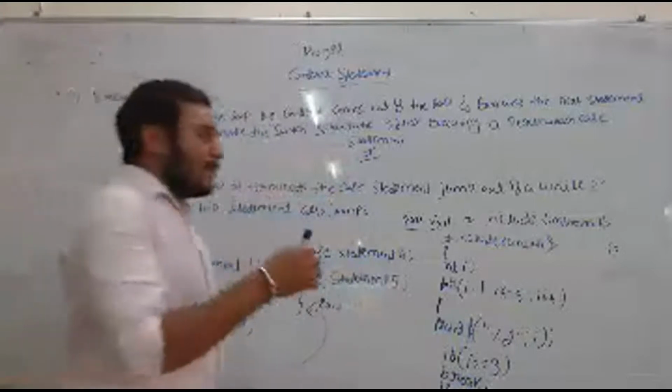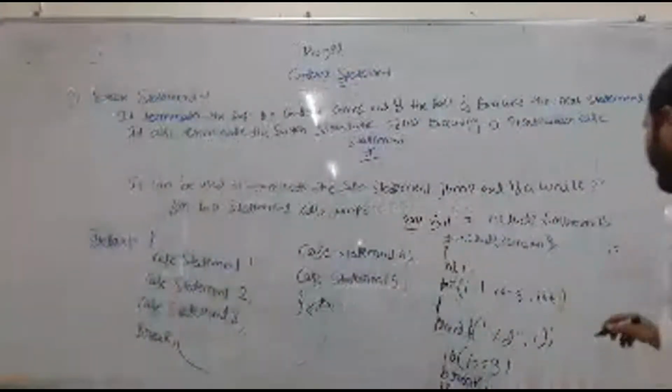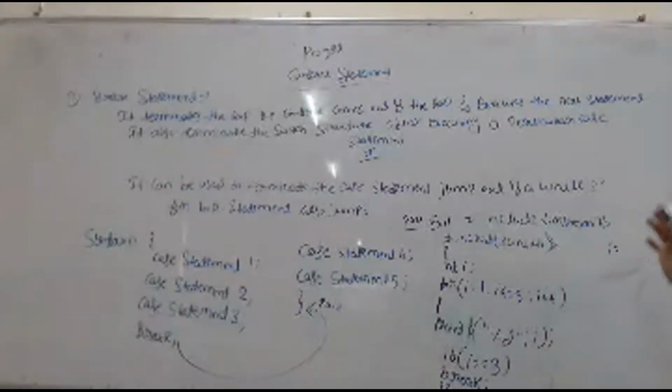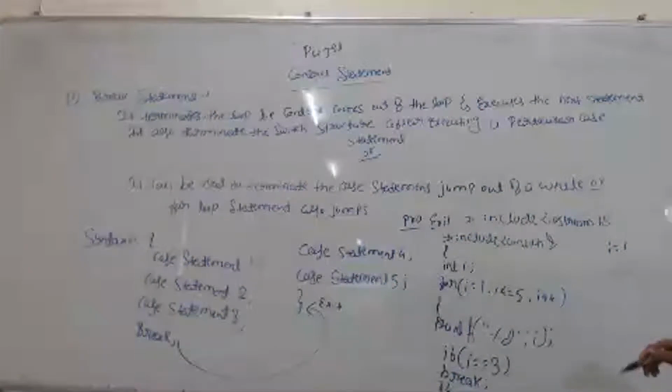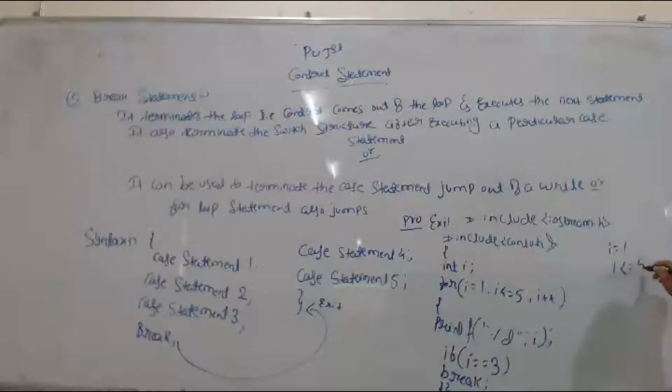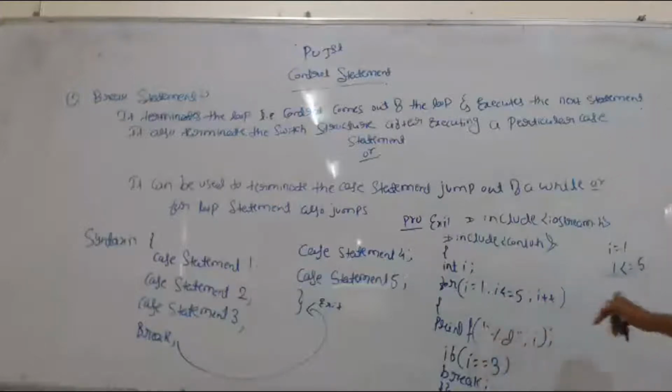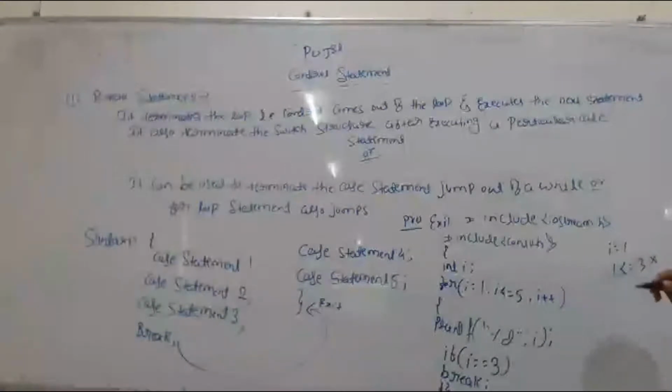If I am applying the i value, i becomes 1, so 1 less than or equal to... I am taking the i is equal to 3 condition, but for i value 3, i less than or equal to 3 is false.